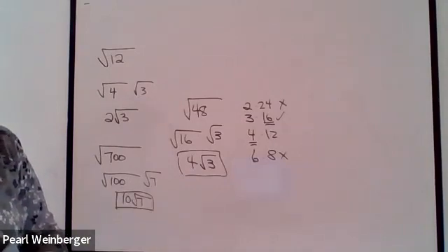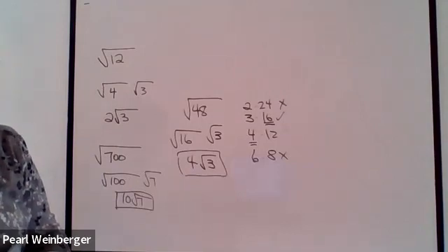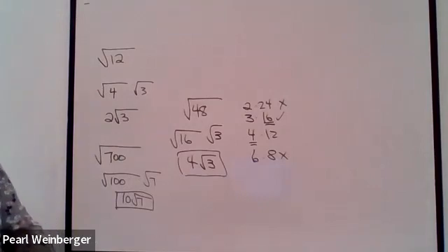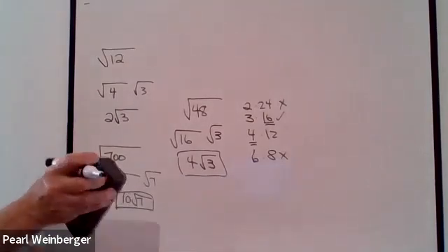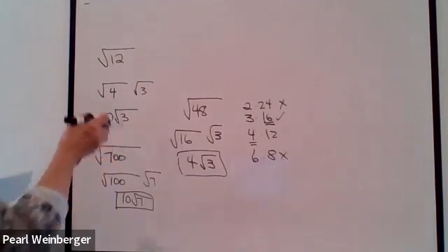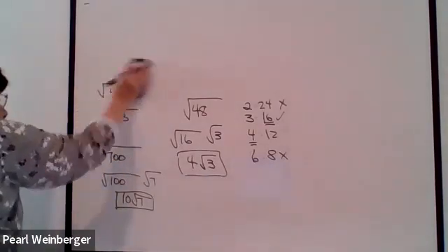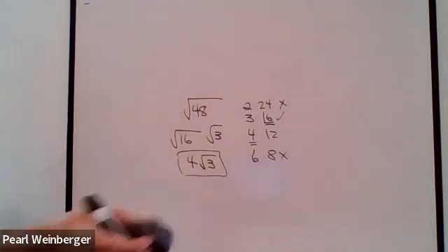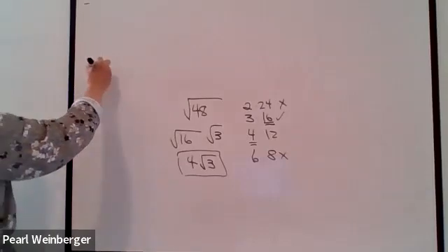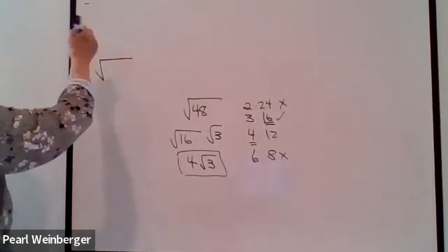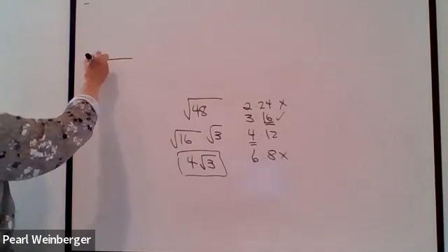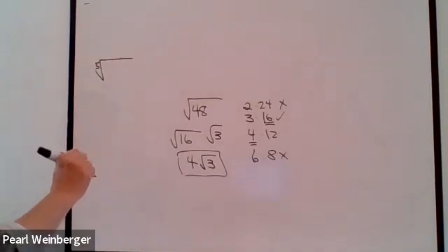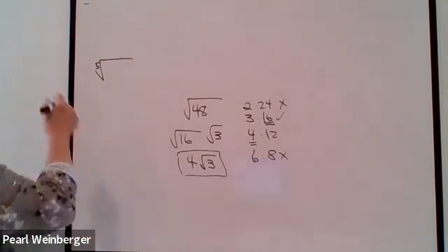Now, what happens if you have x's or any variable inside your radical? So let's talk about that, and then we'll go one step further. When you're dealing with radicals and variables, it doesn't matter what your index is.